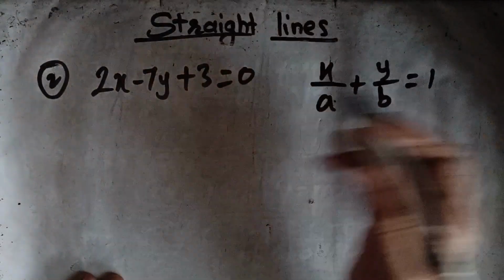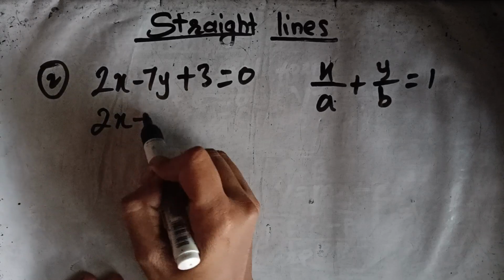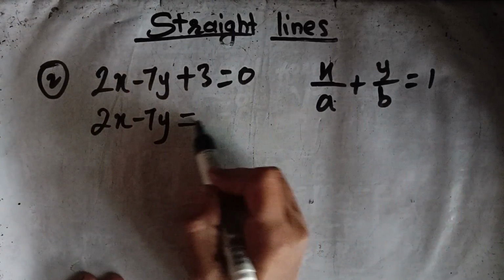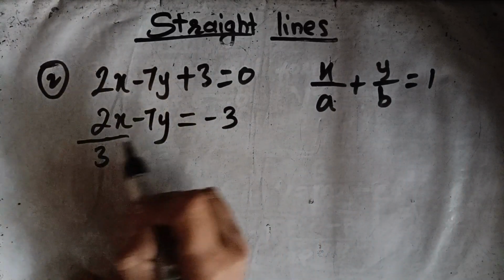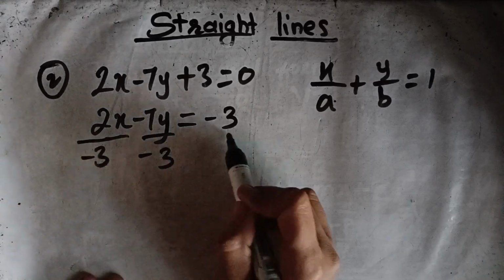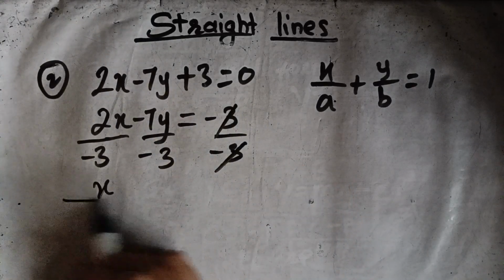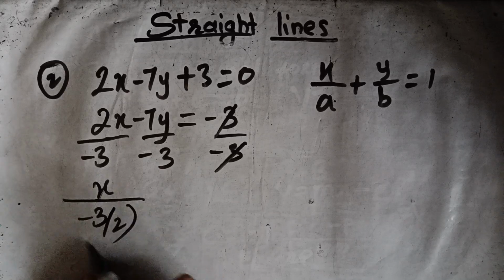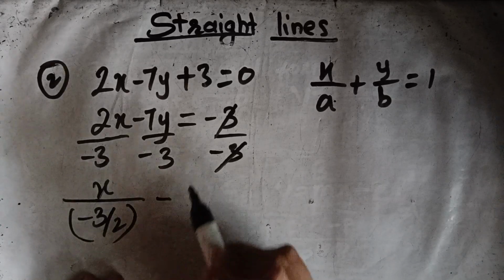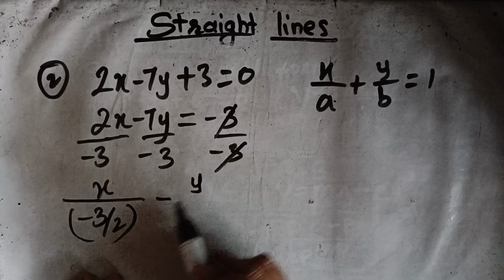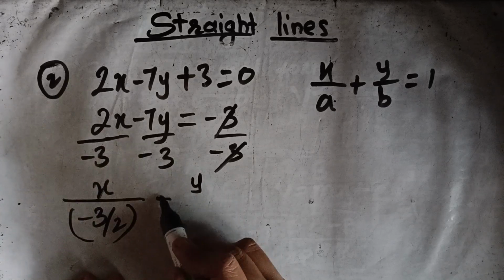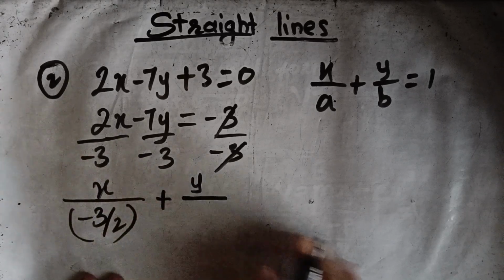Same way you can reduce. You first take this 3 to that side, then divide the whole equation by minus 3. Okay, so here it will be 1. This you can write as minus 3 by 2. This has to be plus, so it gets cancelled, right?